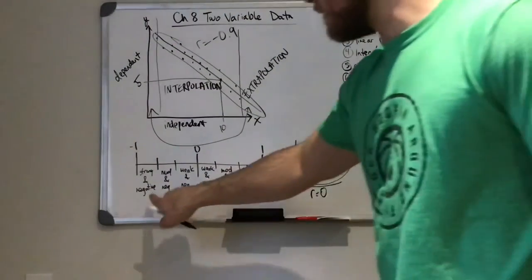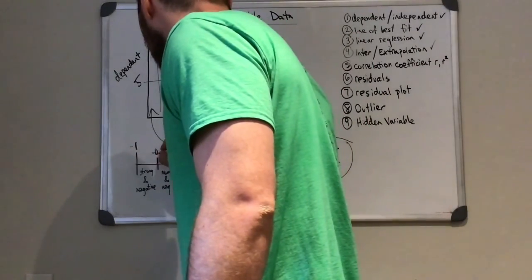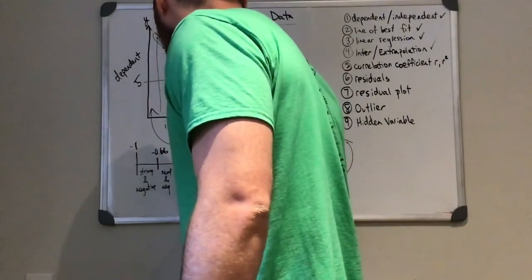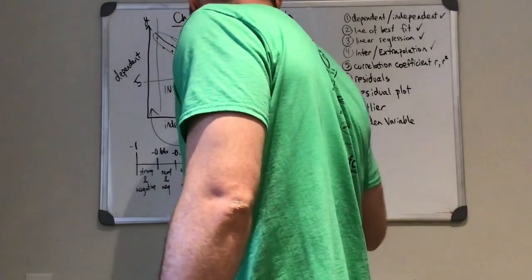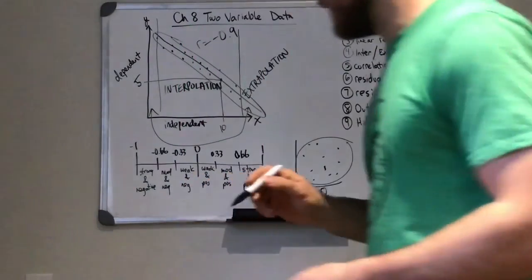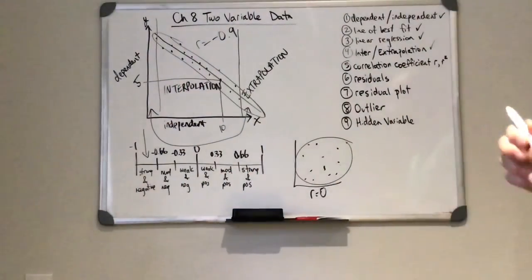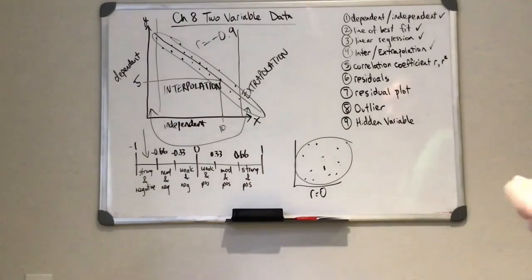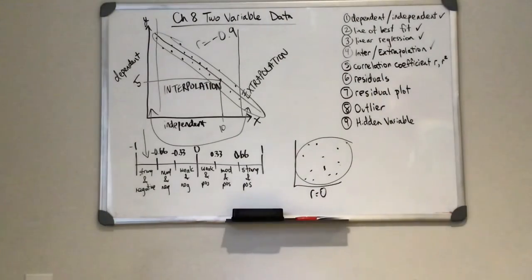So we would be in that strong range, past -0.66 and -0.33. We'd be somewhere in this range, having a strong and negative correlation and an R value of roughly -0.9.